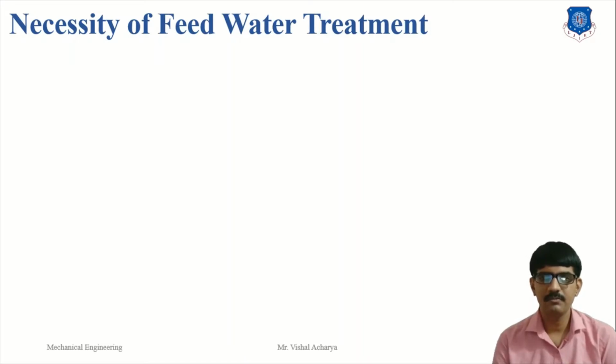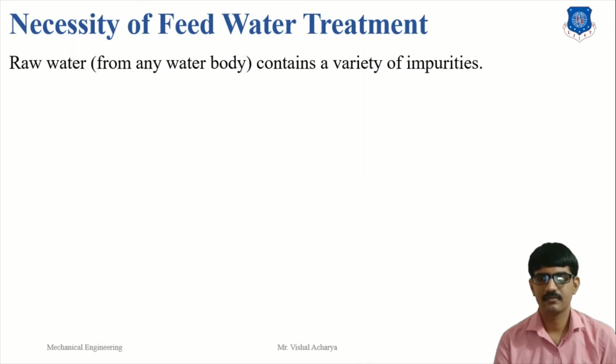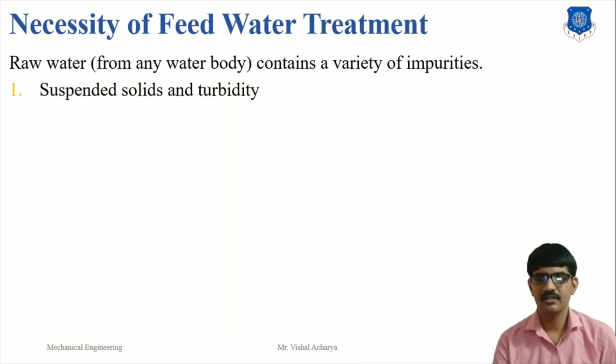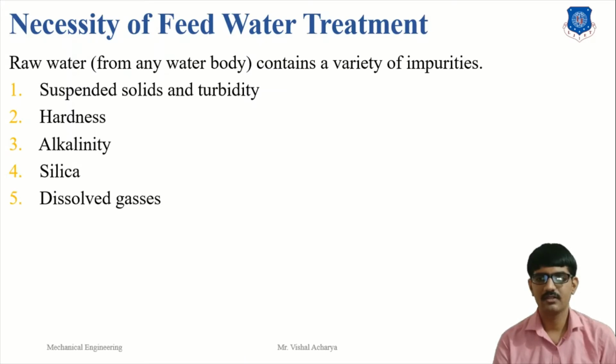Here are some impurities found in the raw water: suspended solids and turbidities, hardness of water, alkalinities of water, silica in water, dissolved gases like oxygen and carbon dioxide, and microorganisms.